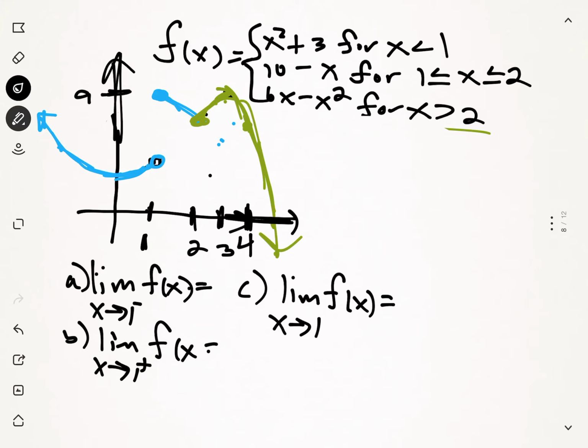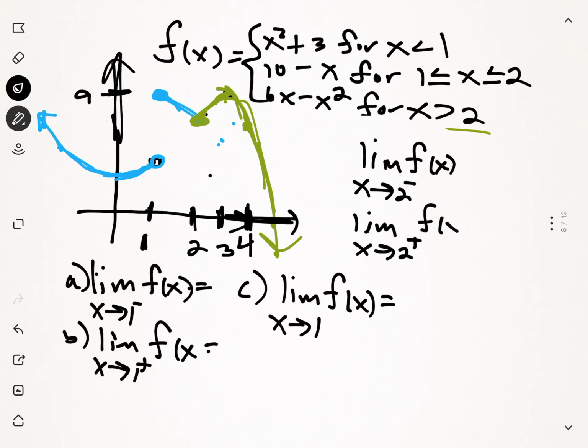Then we want to look at the limit as you approach 2 of the function from the left, limit 2 from the right, and then limit 2 from the left and the right. Once again, stop the video, attempt the problem, and then check your answers with the solution.